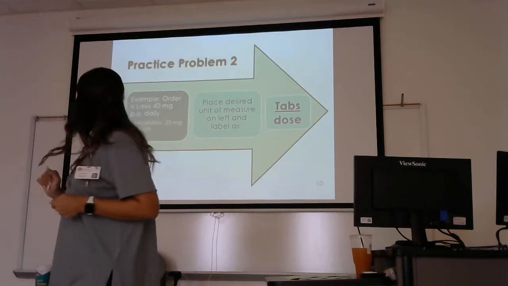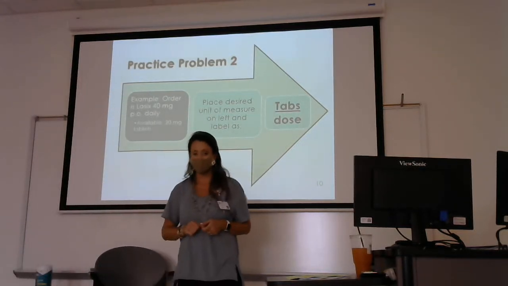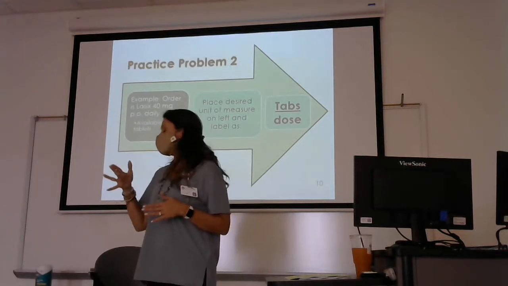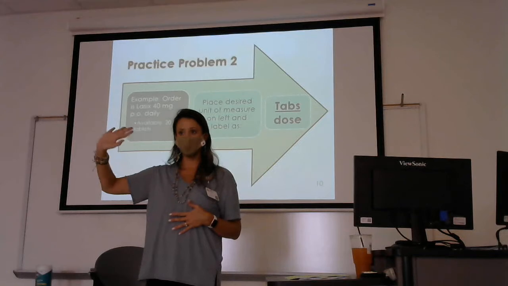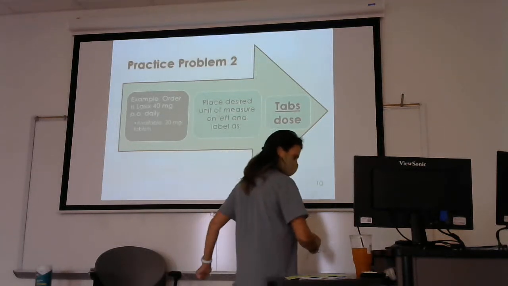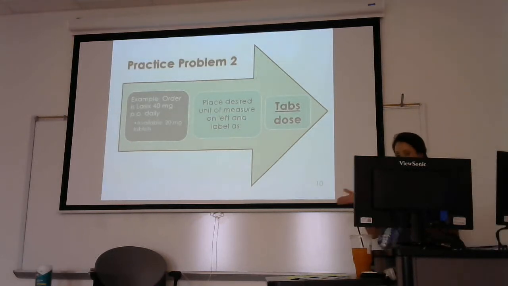Over 20 milligrams. 1 tab is 20 milligrams, exactly. And then you're gonna go, how many milligrams per dose? 40 milligrams. 40 milligrams per dose, then you can cancel out.